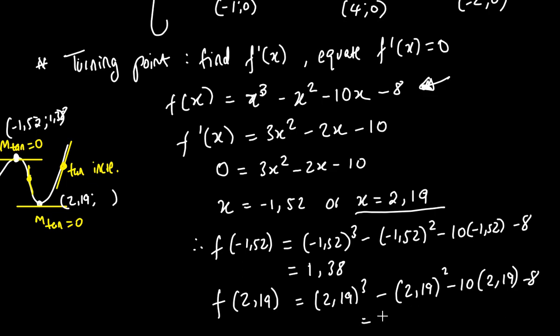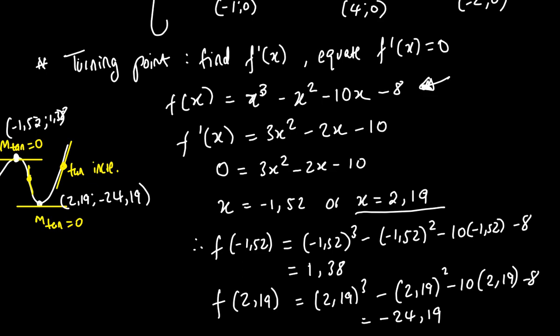The answer would be negative 24.19. Okay, so here it means in this bracket we would have negative 24.19, then you close the brackets. So that is what you would have there as your turning points. Those are your two turning points.